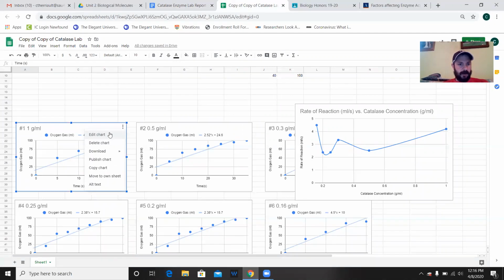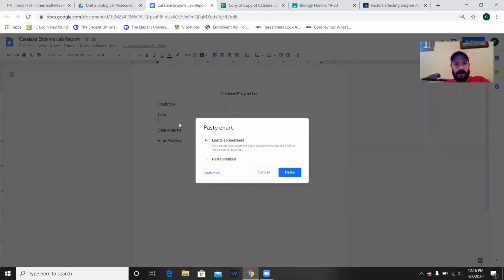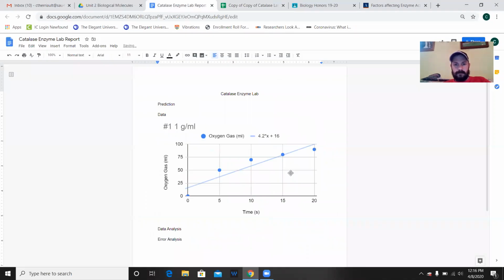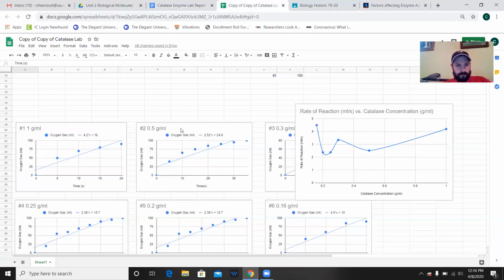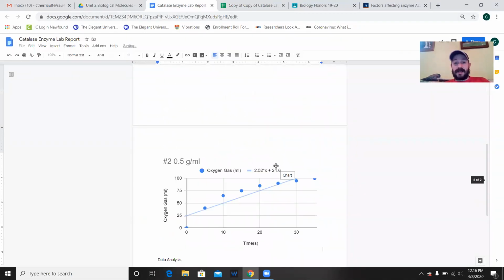So to do that, I would go to the chart, copy chart. Then I like to go Control V to paste. And then I go to the next one. Copy chart. Go here. I'm not going to do this for all of them, but you would do that for all 6.